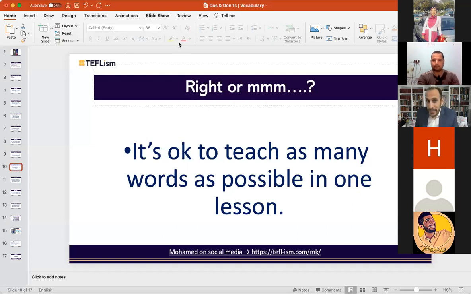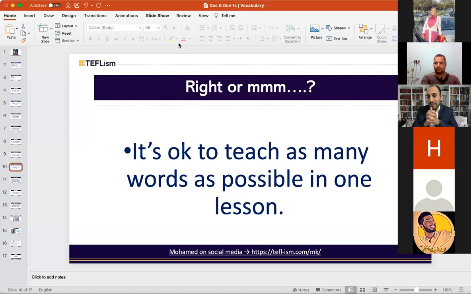Honestly speaking, there is no right number, but if you have a 1 hour lesson, do not exceed 8 to 10 words. For 1 hour and a half or 2 hours, 12 to 14. It's not about the quantity, it's about the quality.